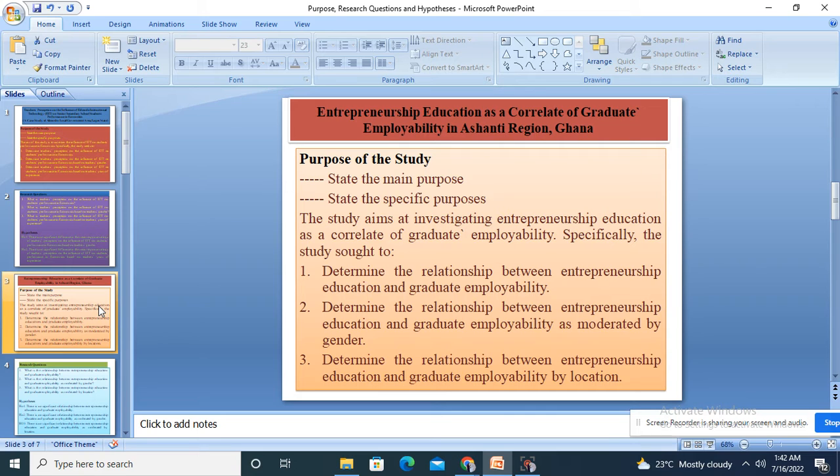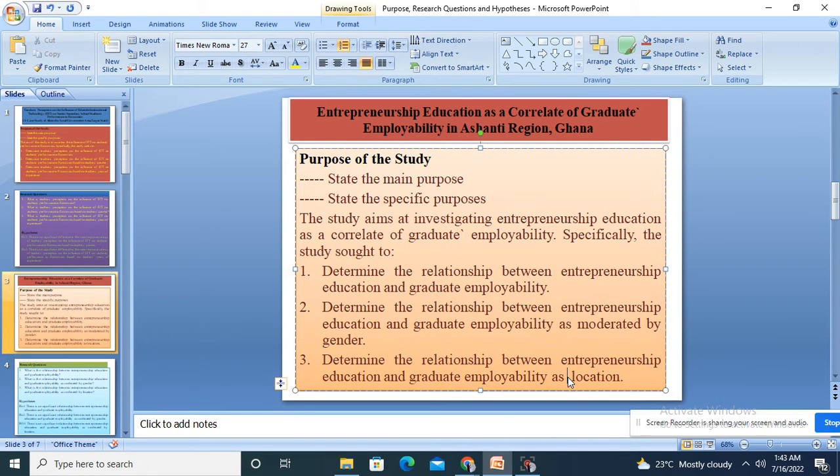Now, 1. Determine the relationship between entrepreneurship education and graduate employability. This one now, because it's a correlation study, is dealing with relationship. It's not checking the relationship between entrepreneurship education and graduate employability. 2. Determine the relationship between entrepreneurship education and graduate employability as moderated by gender. While the third one says determine the relationship between entrepreneurship education and graduate employability as moderated by location.